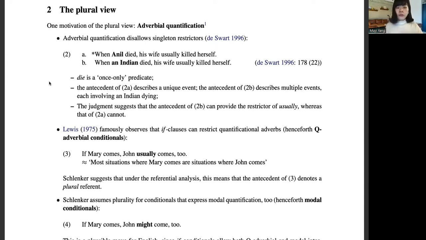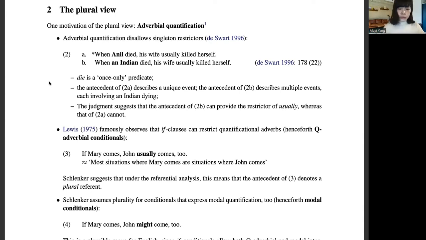Each event involves one Indian dying. Therefore, the judgments here, the unacceptability of A and the acceptability of B, suggest that the antecedent of B can provide the restrictor of usually, whereas that of A cannot provide the restrictor of usually. And this suggests that adverbial quantification requires non-singleton restrictors.